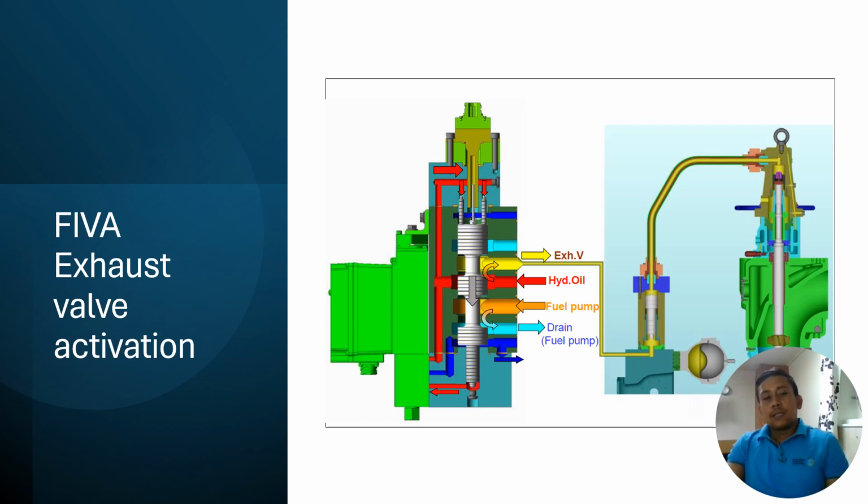So I hope you understand the function and operating principle of the FIVA. As I already said, it's nothing but a direction control valve which directs the hydraulic oil to activate or deactivate the exhaust valve and to start and end the injection.